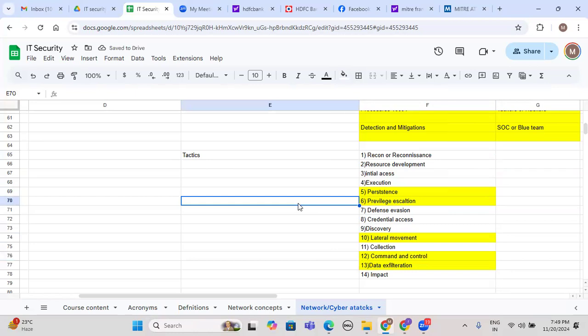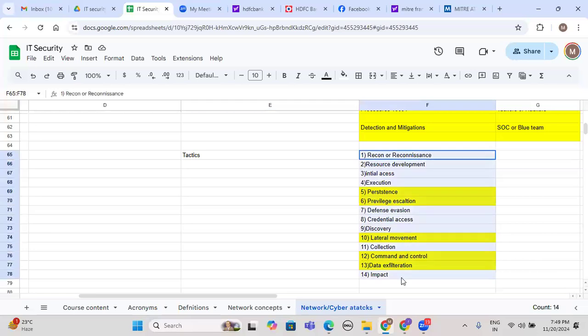Not only these 5 are important, other things also you should be aware of: what's going on, how the attacker will do the hacking part. But out of all this, if I want to filter from 14 down to 5, these 5, whatever I highlighted in yellow color, are important. Regularly we can expect them.